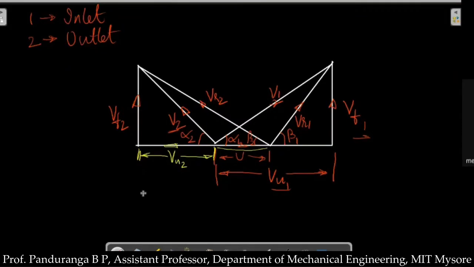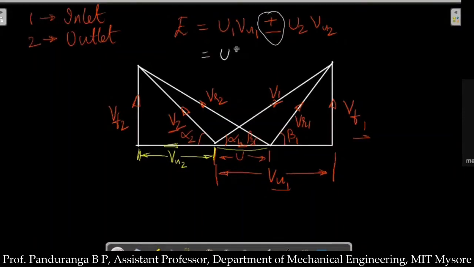That is vu2. Now, remember Euler's energy equation. The energy equation was equal to u1 vu1 plus or minus u2 vu2. Here we have plus or minus, and this depends on the direction of vu1 and vu2 with respect to u1 and u2. Here we are dealing with axial flow turbines, so u1 and u2 are the same.